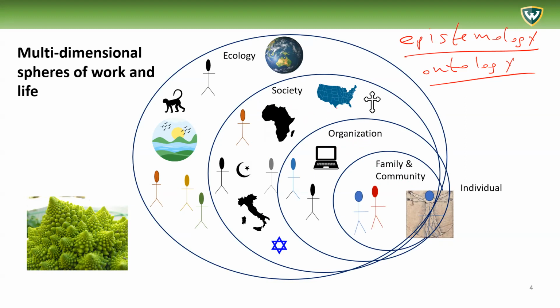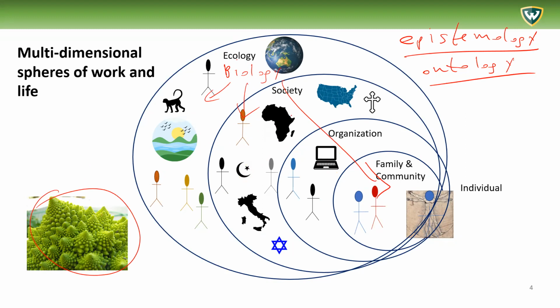A society where everything is happening, of course, and the ecology where the society exists, which also has a link to biology, which then of course goes all the way back to the beginning, the cycle of life. I also put a picture here of Romanesco broccoli for the idea of fractals and how different spheres of life can happen within other spheres of life.